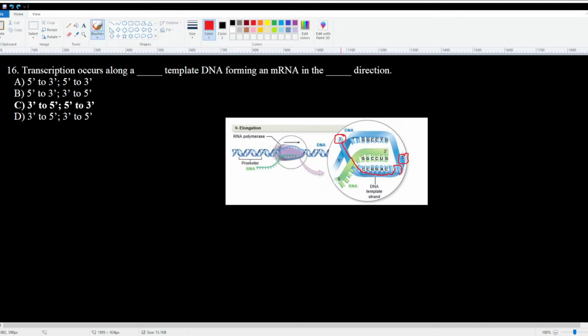However, what's actually happening is that we're making nucleotides from 5 prime to 3 prime. So we're reading from 3 prime to 5 prime, and we're making RNA nucleotides from 5 prime to 3 prime. I'm sorry, there's really no easier way to remember it. It's just how it is, unfortunately.